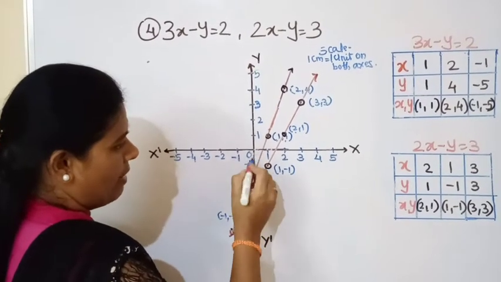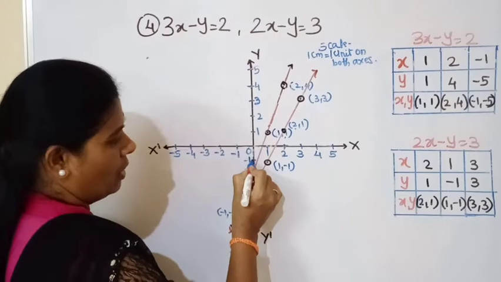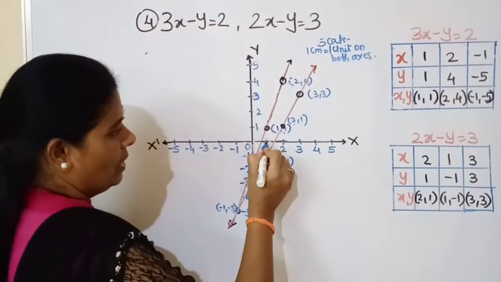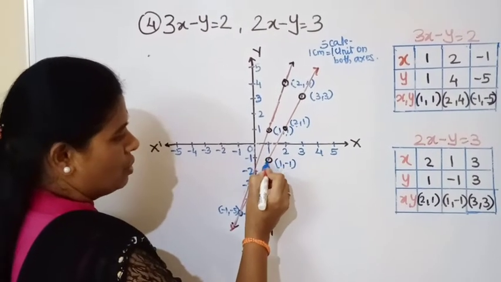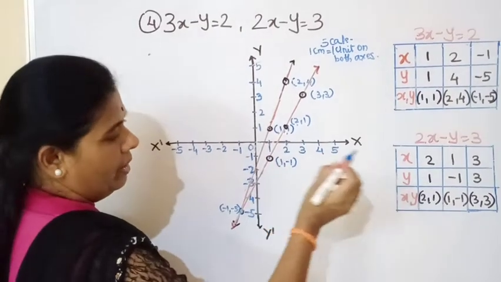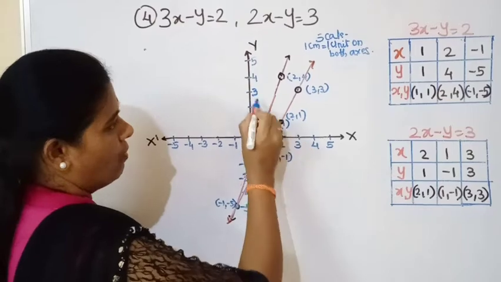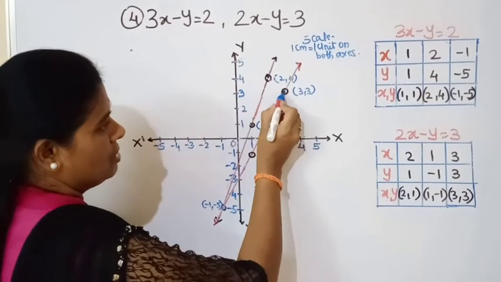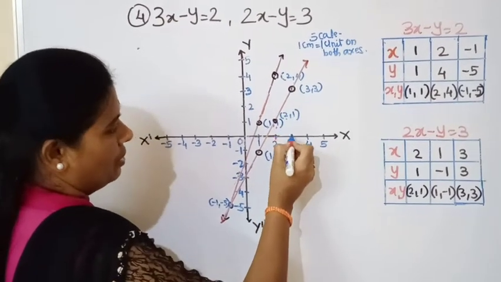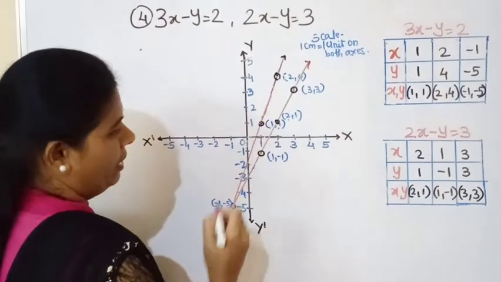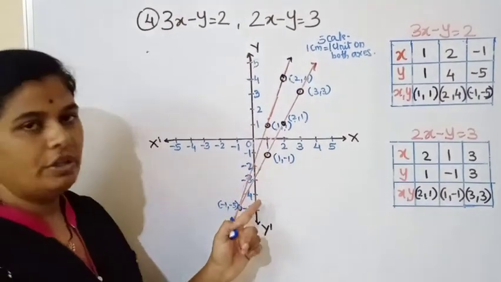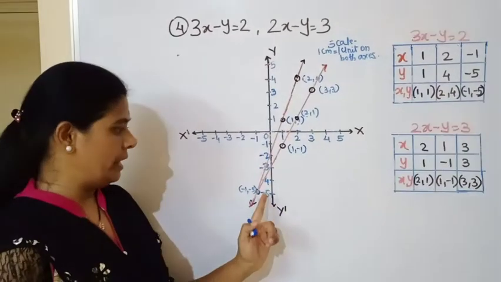So I have plotted this point. Next point is 3, comma 3. x-axis 3 and y-axis is also 3. So I have plotted this point. I have joined all the 3 points and drawn a straight line.